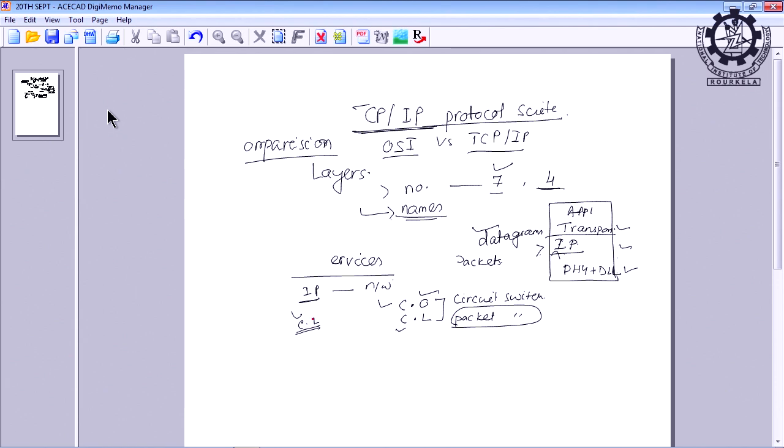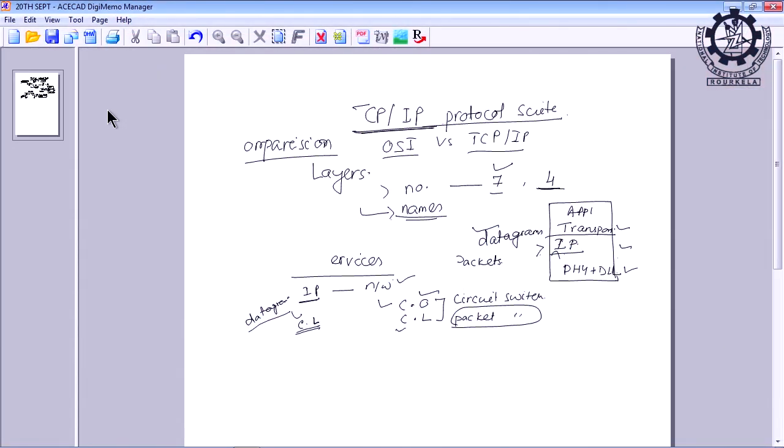Because it is connectionless, we assume that the data units are datagrams that follow the packet switching method, or they can travel any path while traveling from the source to the destination. So, when I say packet, it means the OSI model. When I say datagrams, it comes to the TCP/IP model.